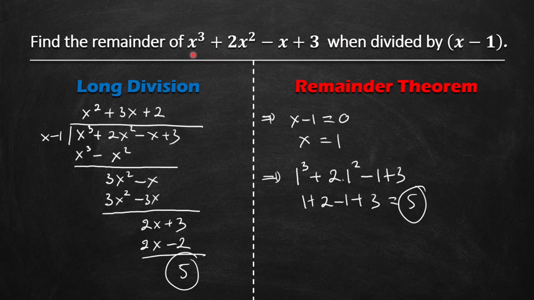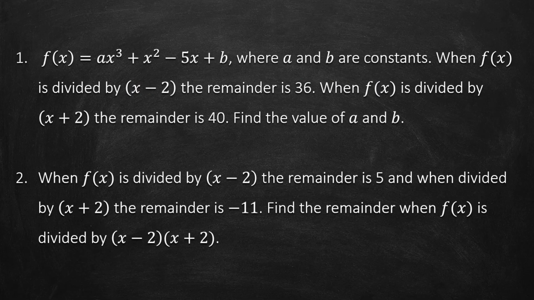Why? Because here you have the function and here you have the divisor. If you have these two pieces of information, then you can use long division, even though you can see here that the remainder theorem is still faster.